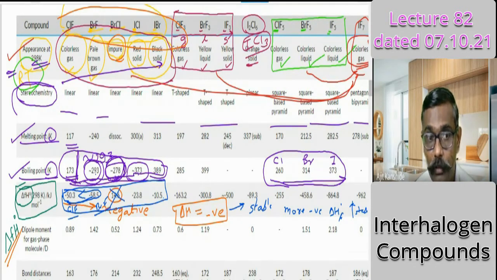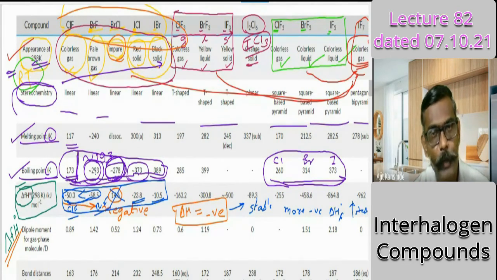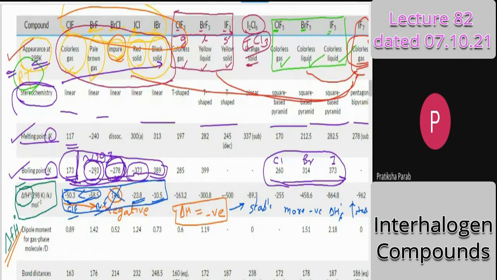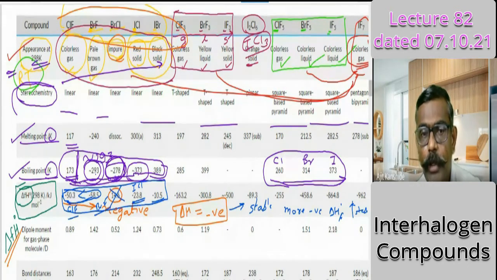Similarly, we have to apply logic and explain that. Here I am talking about ICl, minus 23.8 kilojoule per mole, and IBr, minus 10.5 kilojoule per mole. Who is more stable? If my question is not clear, you can ask me to repeat. Listen carefully. ICl, enthalpy of formation minus 23.8 kilojoule per mole.